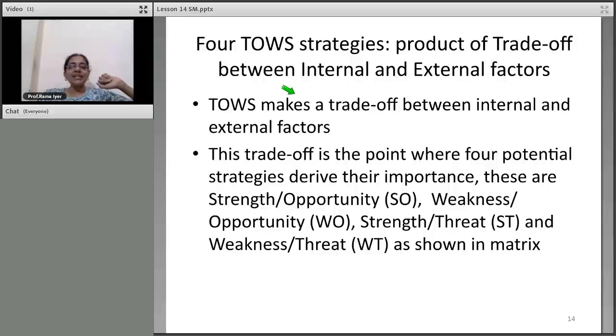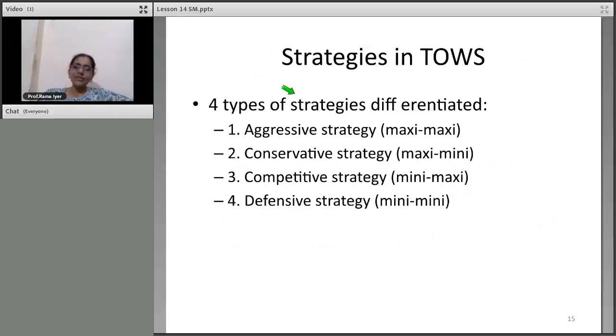Got it? So strength and opportunity is utilized to exploit the opportunities. Strengths of the company should be utilized for exploiting the opportunities, correct? Weakness, you have to overcome, and then you have to exploit the opportunity. Are you getting clarity?